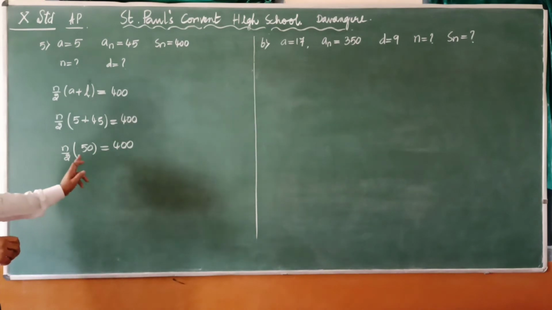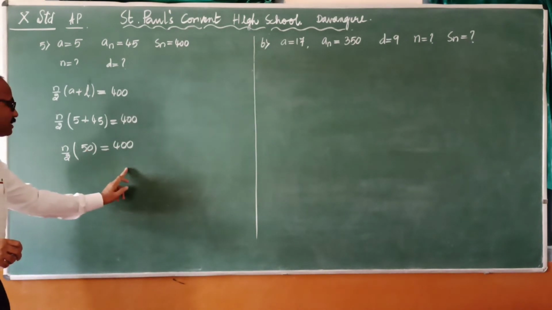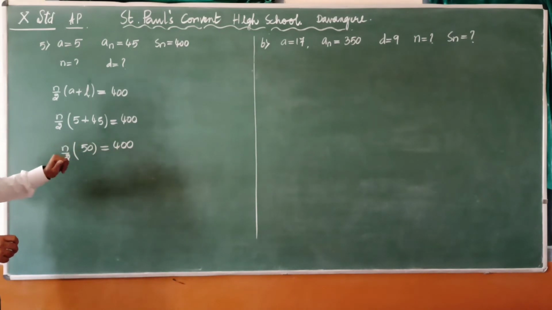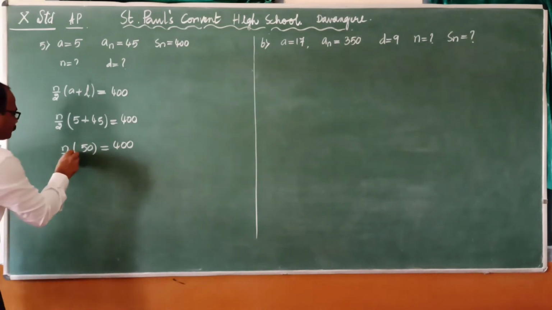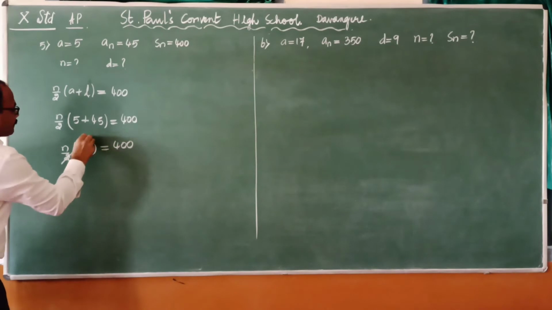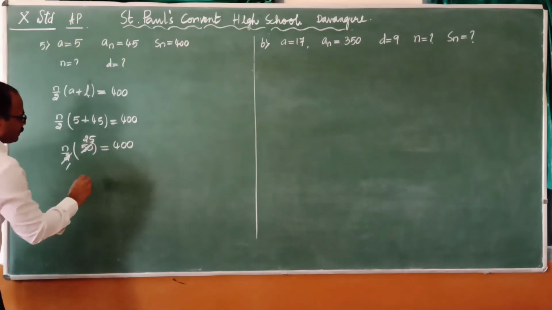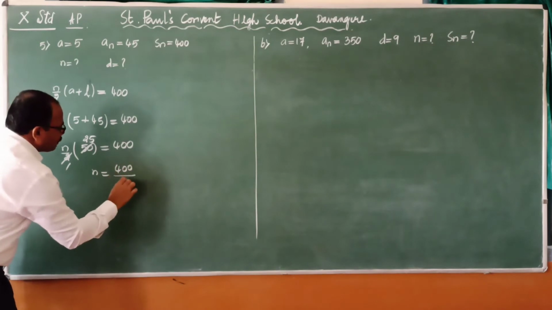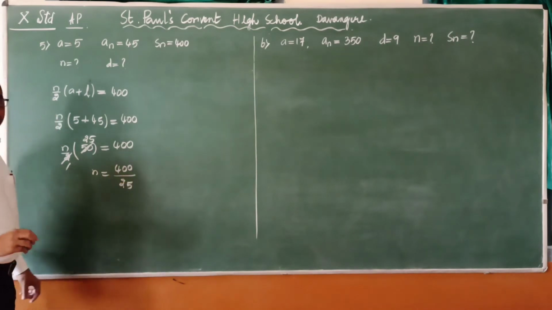By cross multiplication, 50 comes down, 2 comes up, or you can cancel these two. One time, this becomes 25 times. Therefore, n will be equal to 400 divided by 25.